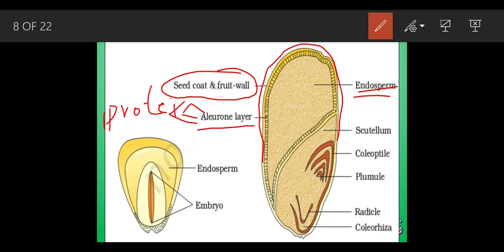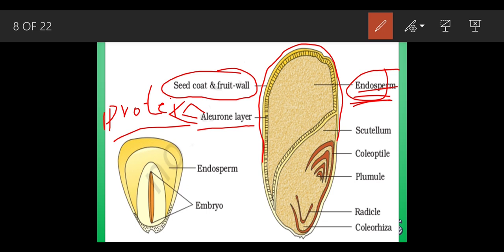That's why we have always heard that you should take a lot of grain in your diet, because these grains and dals contain a lot of protein. So this aleurone layer is made up of protein and is the outermost structure of the endosperm region. The seed is divided into two parts: one is the endosperm and the other is the embryo.